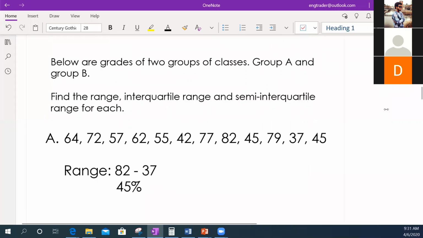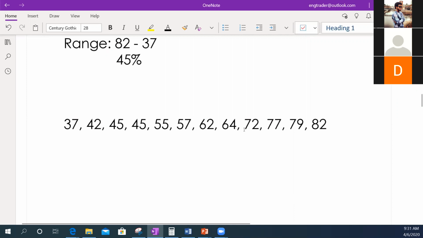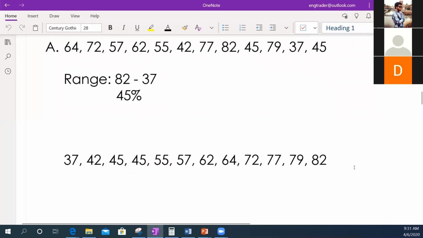Now I need to figure out where my lower quartile is and where my upper quartile is.